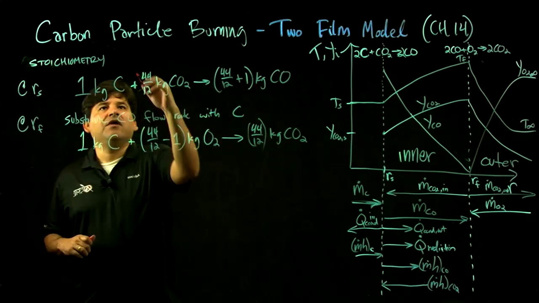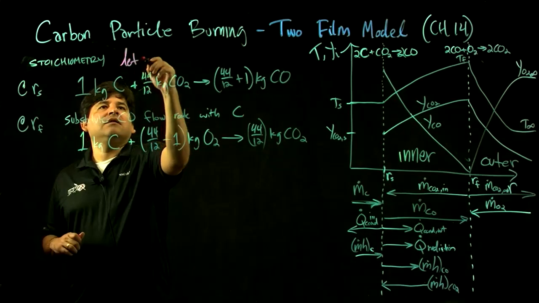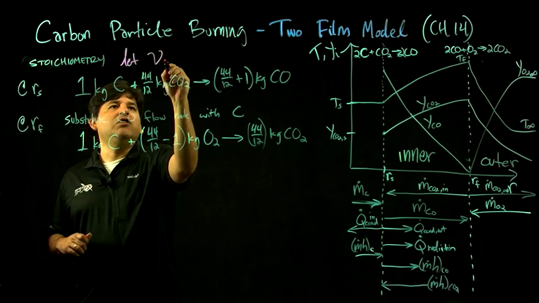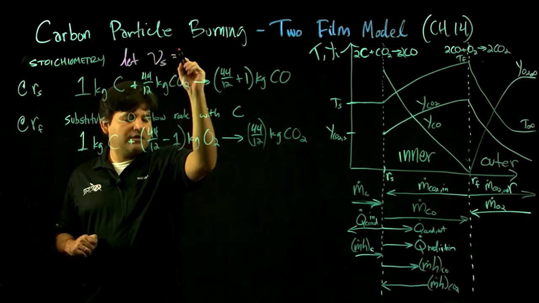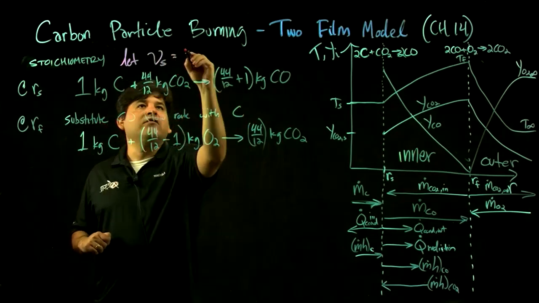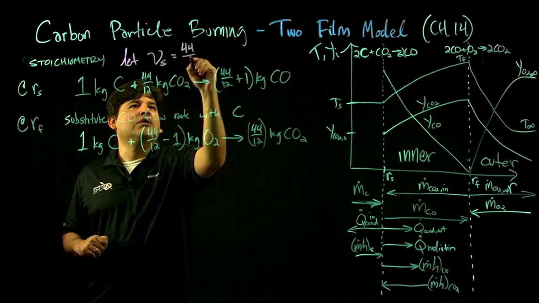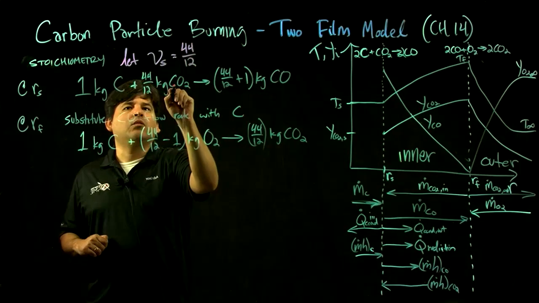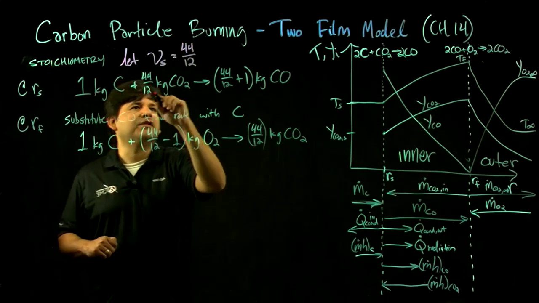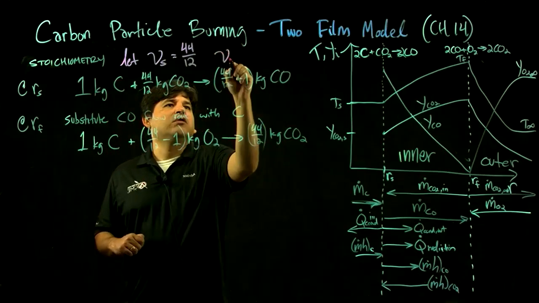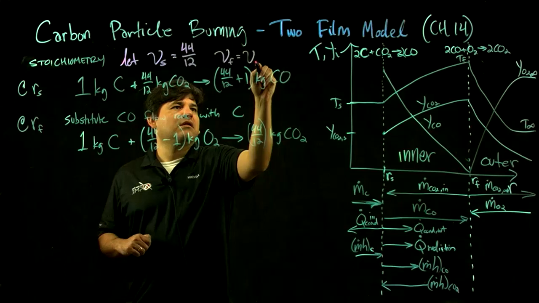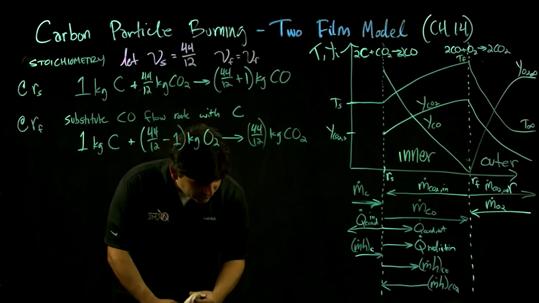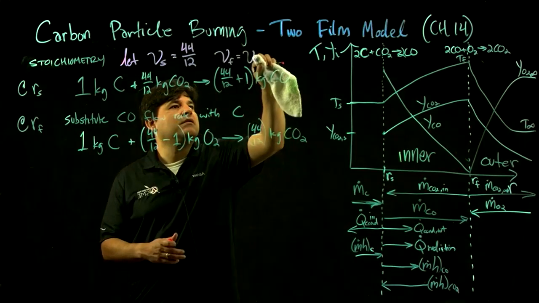So let's define nu of the surface, the stoichiometric coefficient of the surface, that is 44/12, because we're dealing with CO2, reacting with carbon at the surface. And then the stoichiometric coefficient of the flame will just be related to the surface, 1 minus 1.